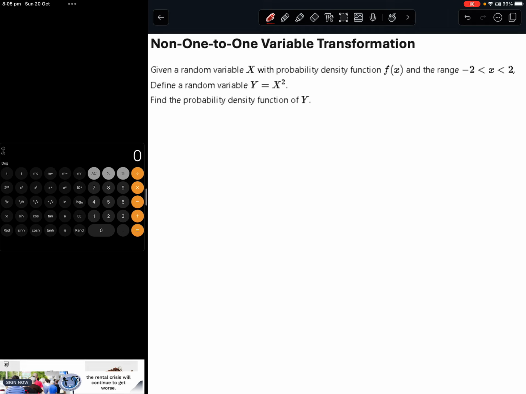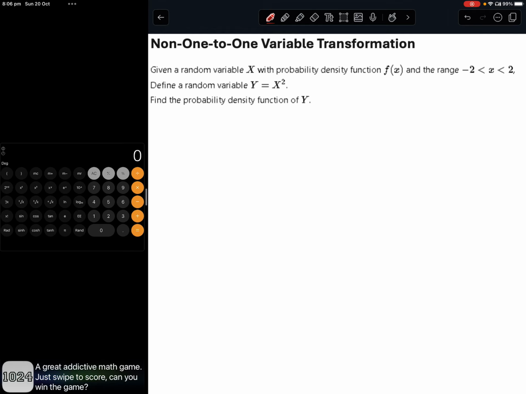However, when a transformation is not one-to-one, things get more complex. In such a case, we need to consider multiple values of the original variable that could map to the same value of the new variable. So let's dive into today's question.